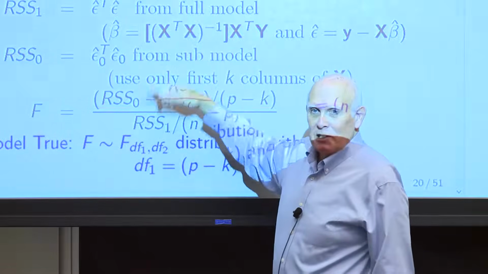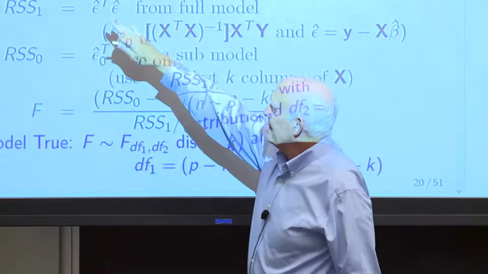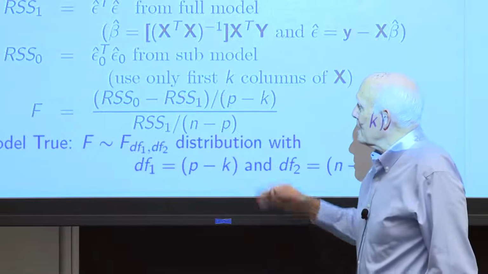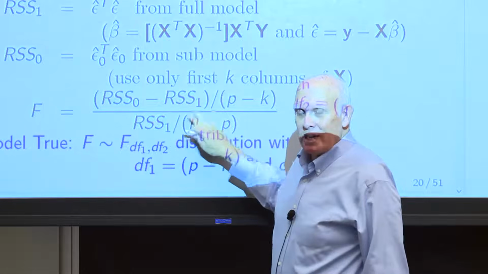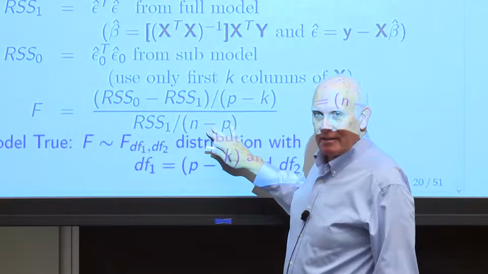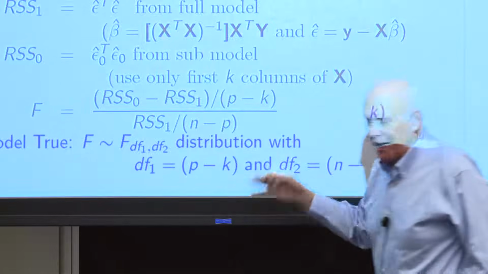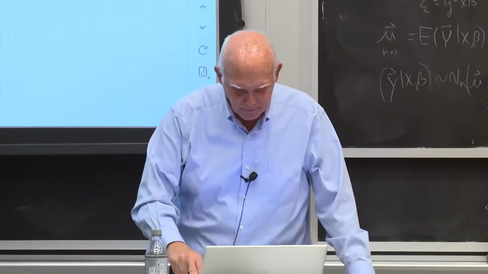If both models are true, meaning beta k plus 1 to p are equal to 0, then these formulas are estimating the same variance, and they're independent of each other. So we get the F distribution as the ratio of two chi-squared distributions that have different degrees of freedom.